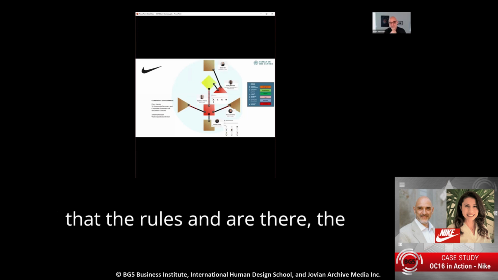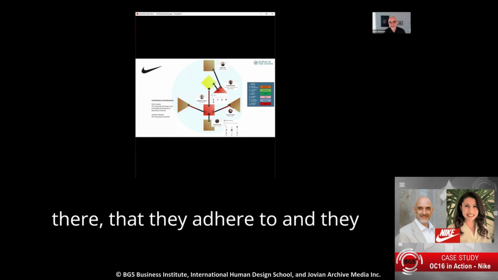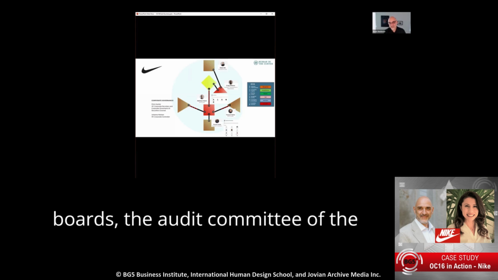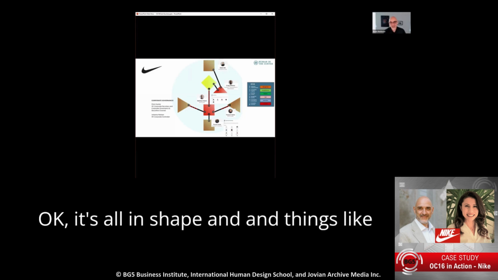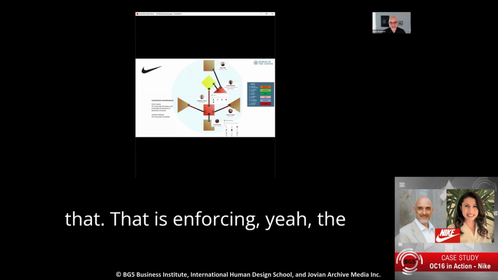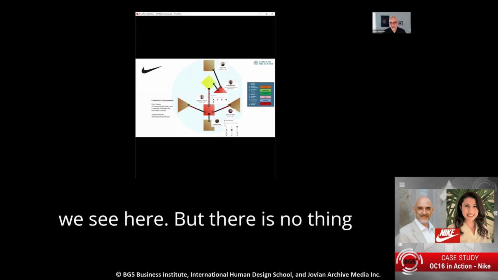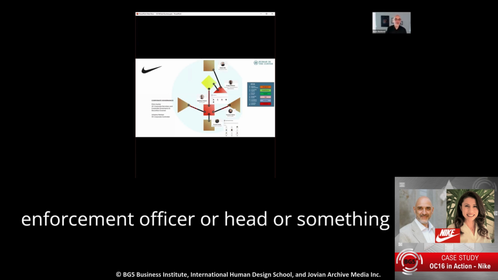They make sure that the rules are there, the processes are there, that the controls are there, that they are adhered to. And they also report to the audit committee of the company. All is fine, all is okay, it's all in shape and things like that. That is enforcing the processes. And that is what we see here. But there is no thing called chief logical enforcement officer or head or something like that.